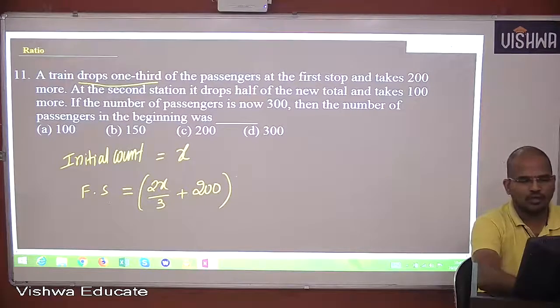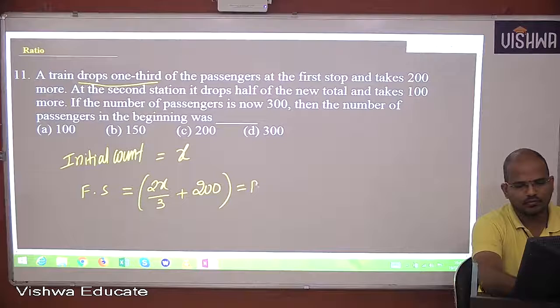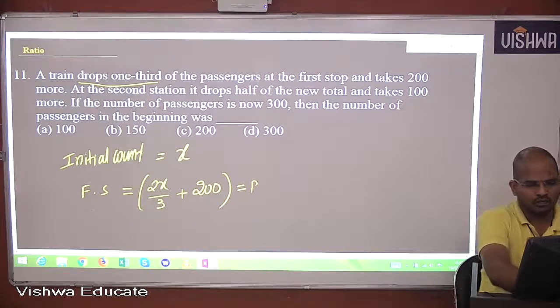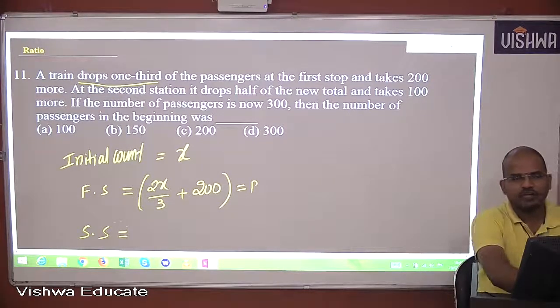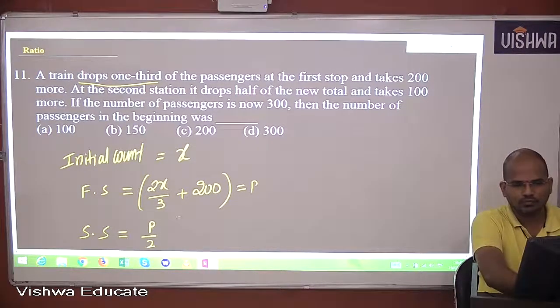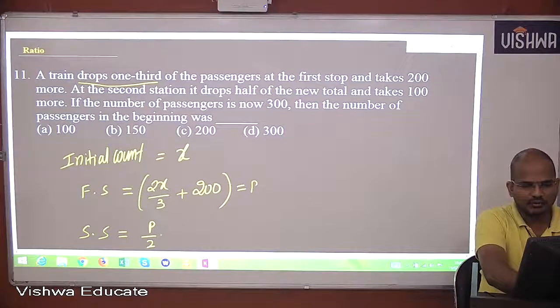Call this total P. In the second stop, it drops half of the new total. When half are dropped, half remains. So P by 2, and it takes 100 more.